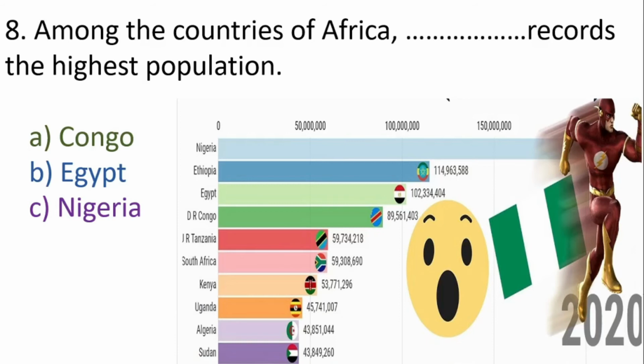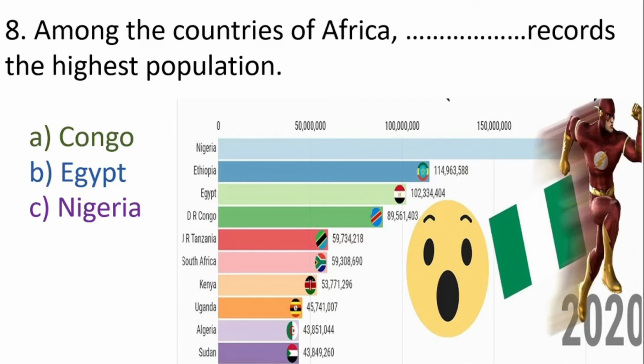The population of Ethiopia is 114,963,588. The population of Egypt is 102,334,404. The population of Congo is 89,561,403. Accordingly, you can choose your answer.